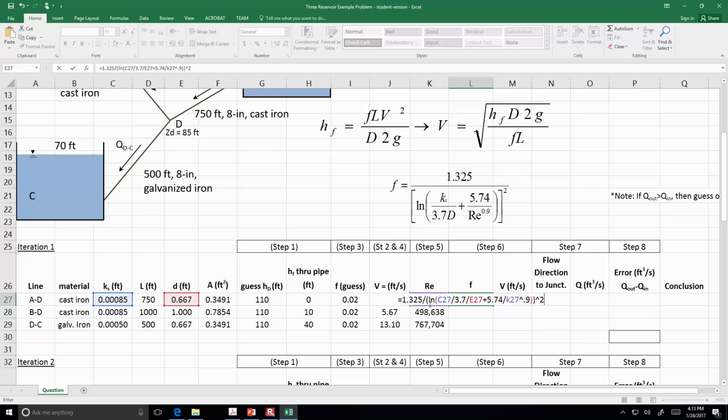Just try doing it like pi, so times d, so E27 squared divided by 4. No, oh, it's maybe the pi function is screwed up or something. I'm not sure. I have to come back to that.